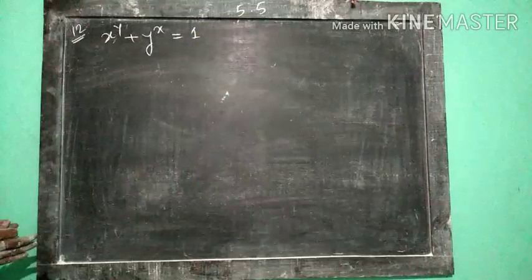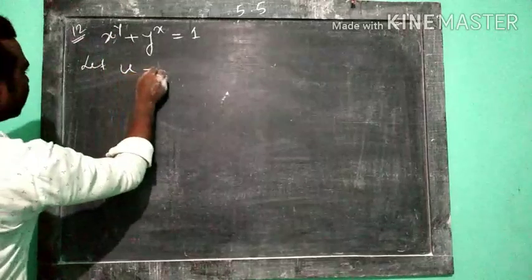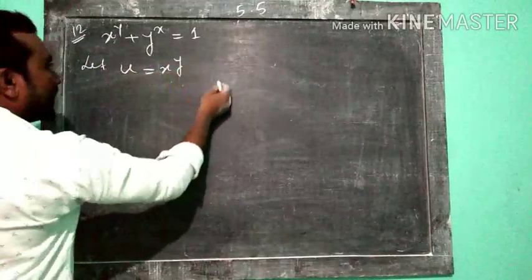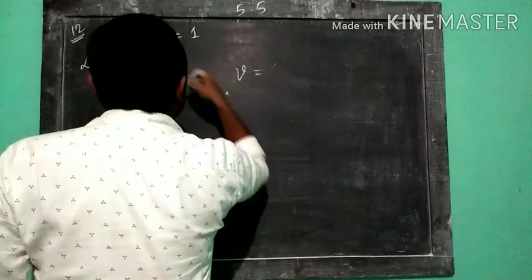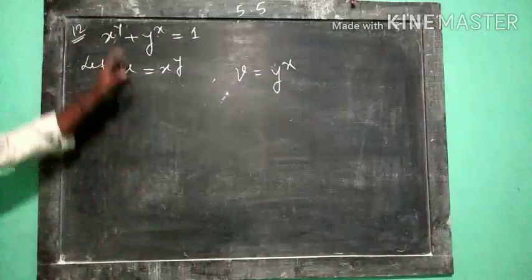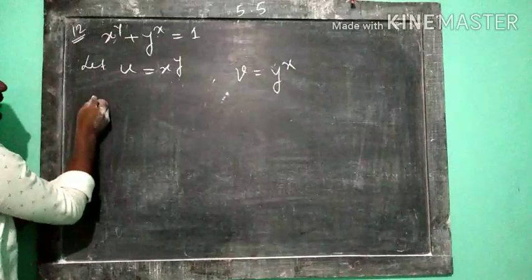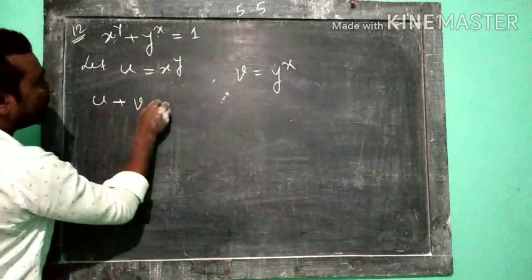So how to solve this? First of all, we let u equal to x to the power y and v equal to y to the power x. So this given equation reduces to u plus v equal to 1.